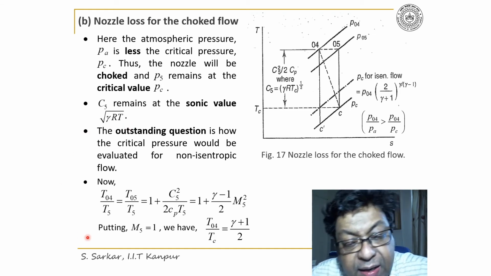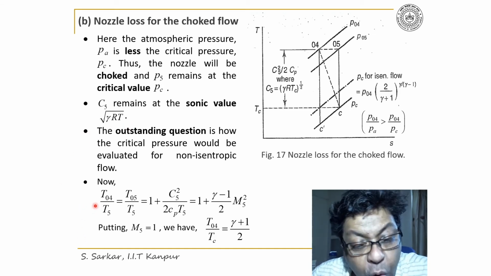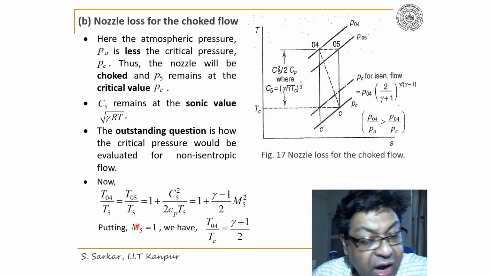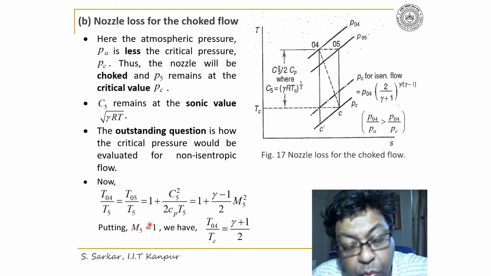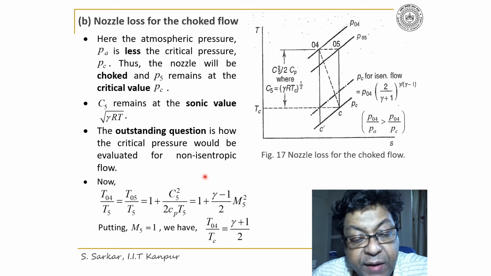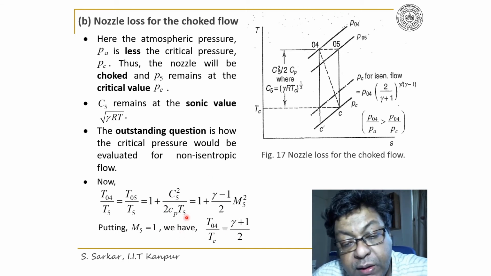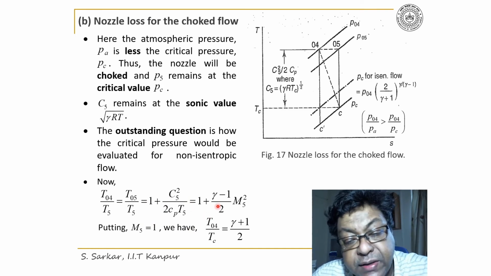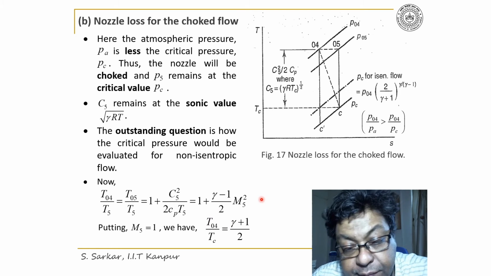To do that, I can write T04 by T5 is equal to T05 by T5 is equal to 1 plus C5 squared divided by twice Cp into T5. That can be written as 1 plus gamma minus 1 by 2 into M5 squared.